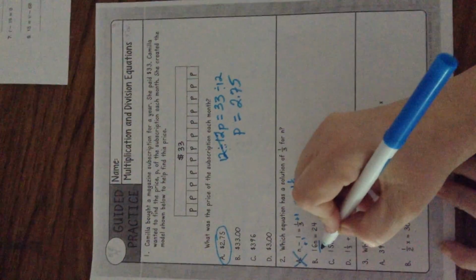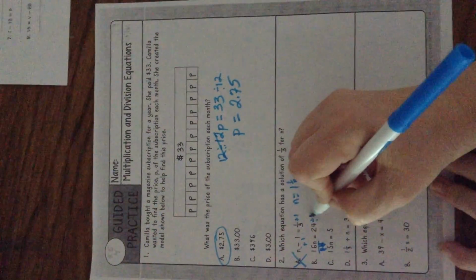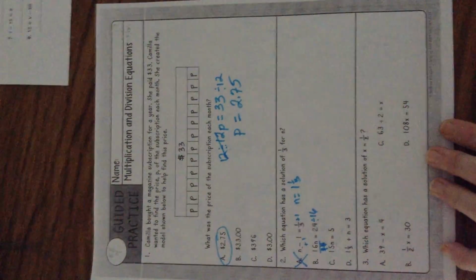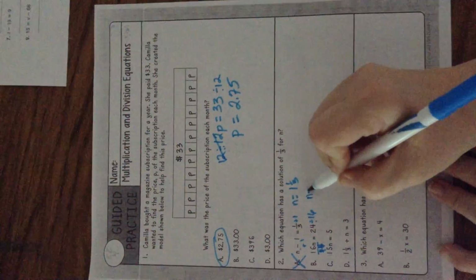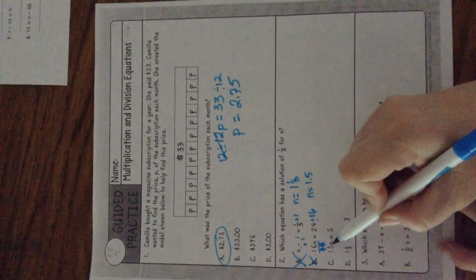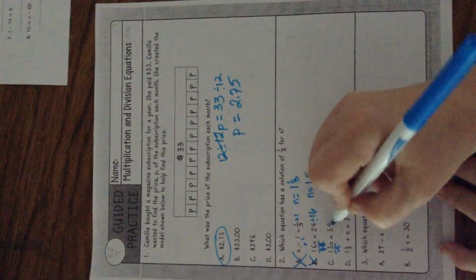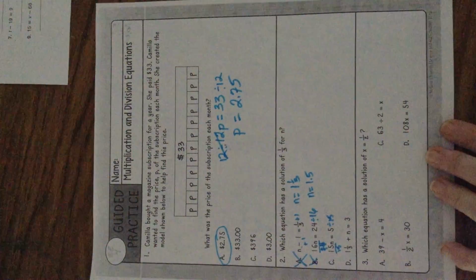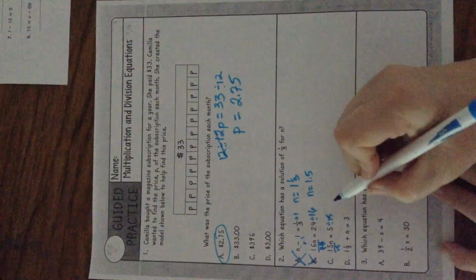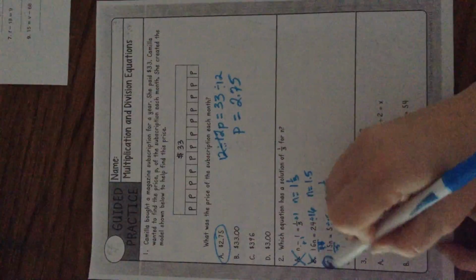We're going to divide by 16, and we're going to divide this by 16. 24 divided by 16 equals n equals 1.5, so it's not B. 15n equals 5. Divide by 15, divide by 15, so 5 divided by 15 equals 1/3. Yay! n equals 1/3, so C is our answer.